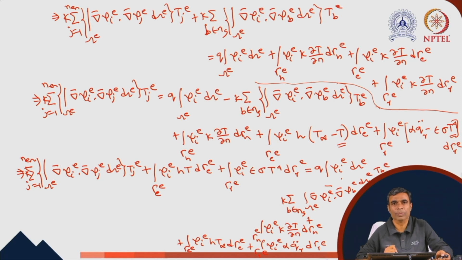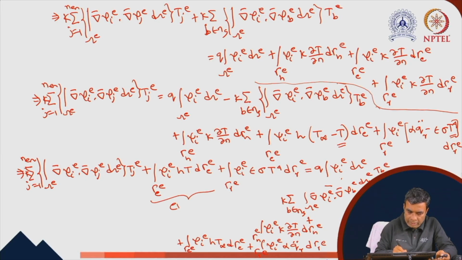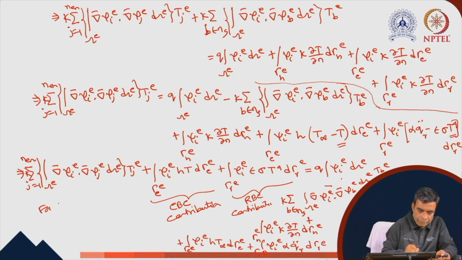Now the temperature appearing for the convective and radiative contributions should be written in terms of the trial solution without the essential boundary part. So here this is the CBC contribution. This is the RBC contribution, for CBC and RBC contributions to the left hand side matrix.